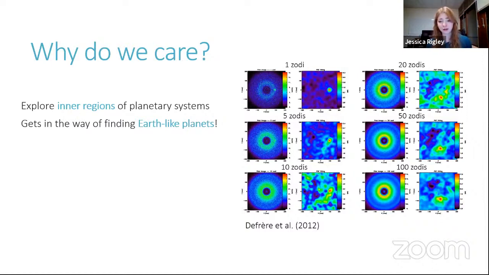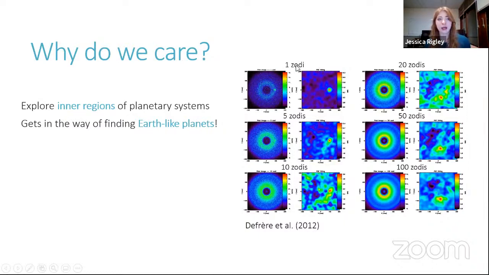So for example, this shows a simulation of what will happen when we try to look for other Earths. So in this simulation, we essentially have an Earth-like planet orbiting a star at the same distance as we are from our sun, so 1 AU. And if we look at the right-hand panels, these are what we detect. And we're changing the levels of exozodiacal dust, and we're measuring this in units of zodis.